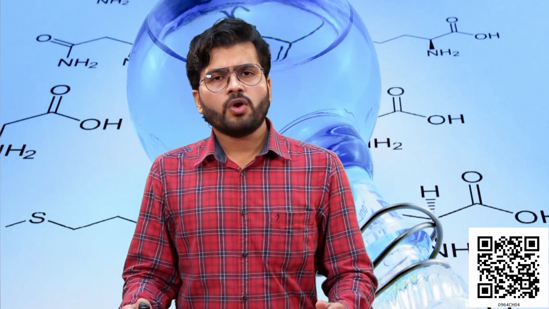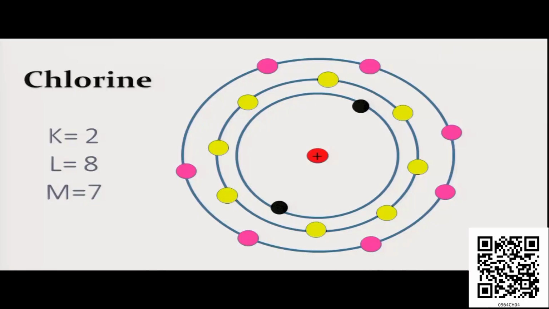Let us take one example, chlorine. The number of electrons in chlorine is 17, distributed as 2, 8, 7. The outermost shell of chlorine contains 7 electrons, so the valence shell contains 7 electrons. But what is its valency? If chlorine can receive one more electron in its outermost shell, it can have the octet.